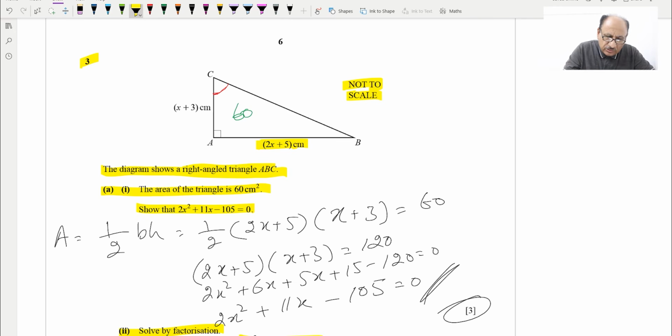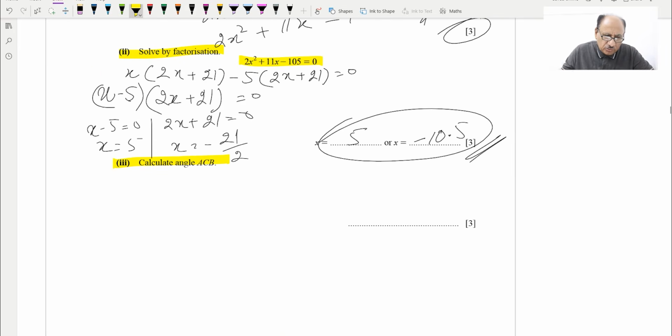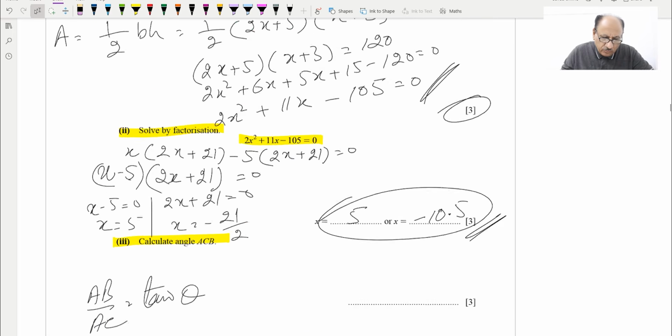This is opposite, this is adjacent, will be tan theta. So we can write AB over AC is equal to tan of theta, and so AB is basically 2x plus 5, 2x plus 5 over x plus 3.